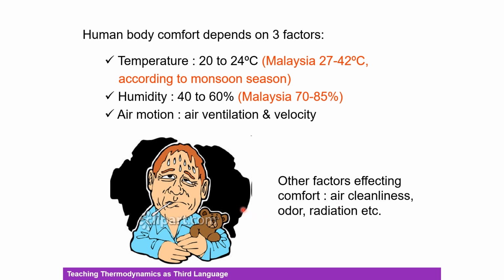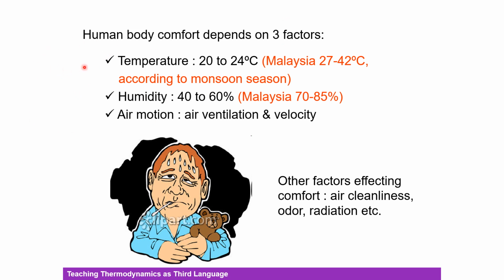And we also need to make sure that the air that is being conditioned through the air conditioning process is free from any odor or any smell. In certain cases, you can also control the radiation and other factors that we will discuss later in the presentation. So this is the human body comfort, and it depends on these factors.